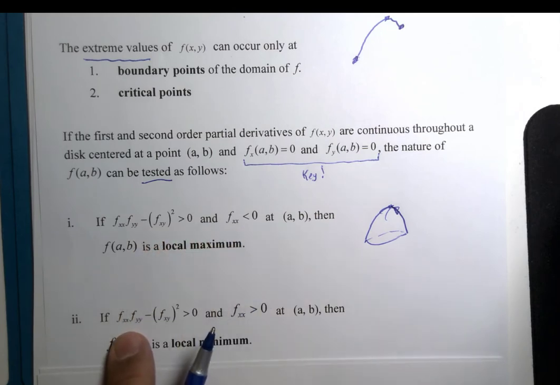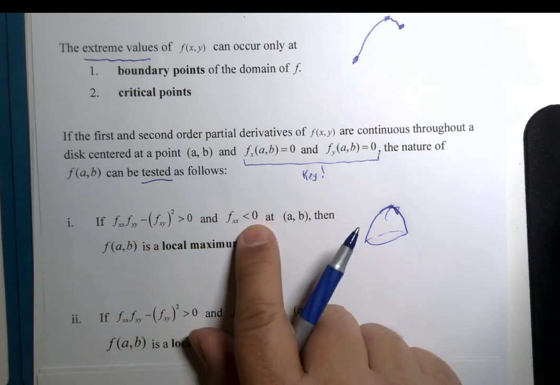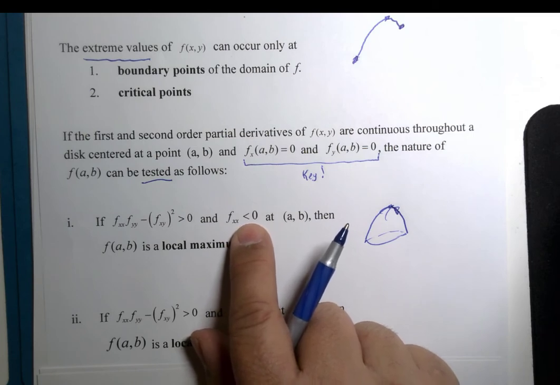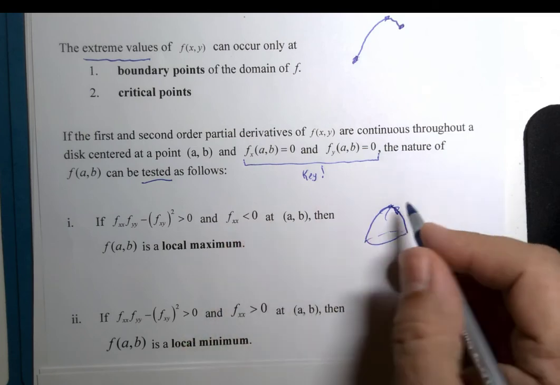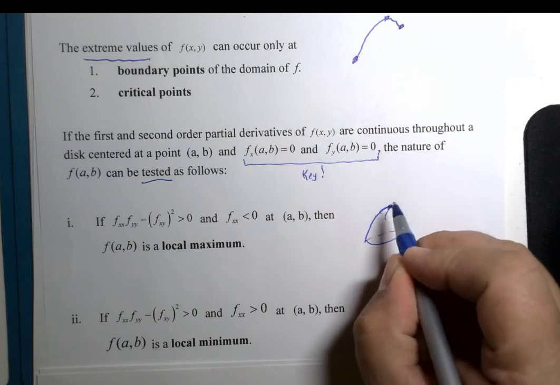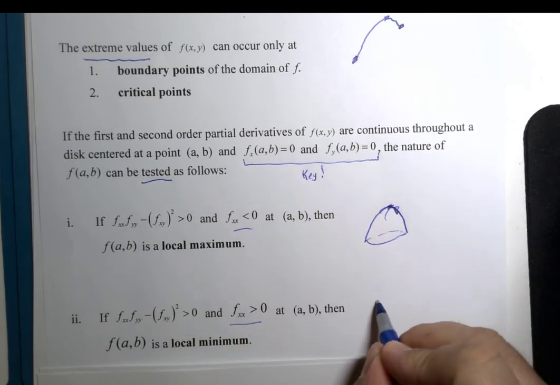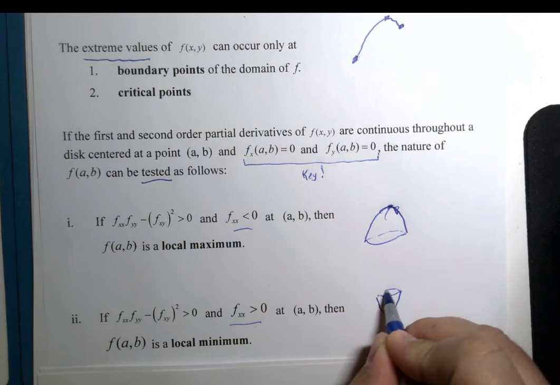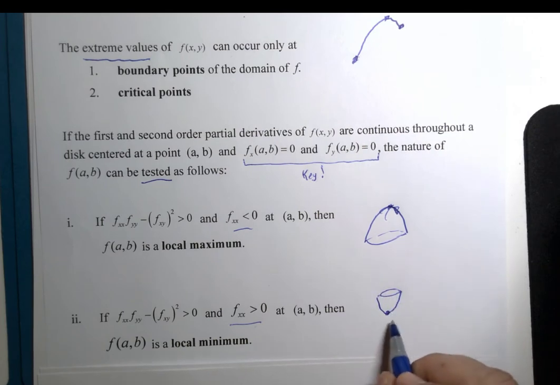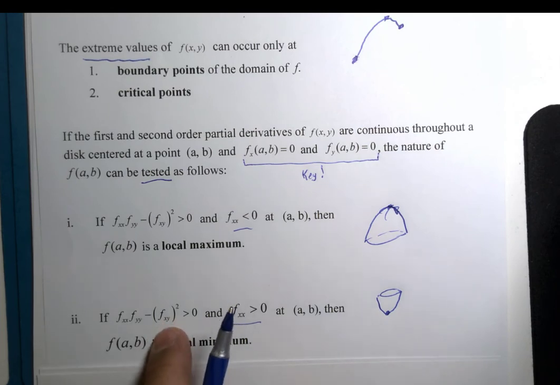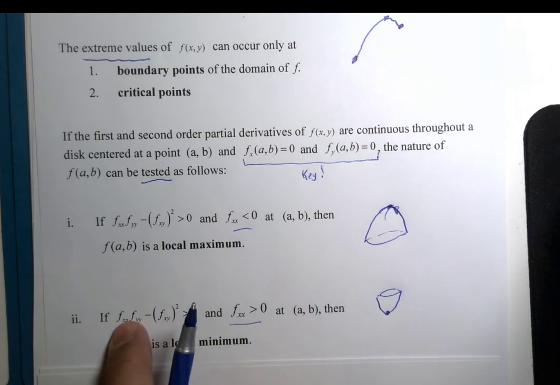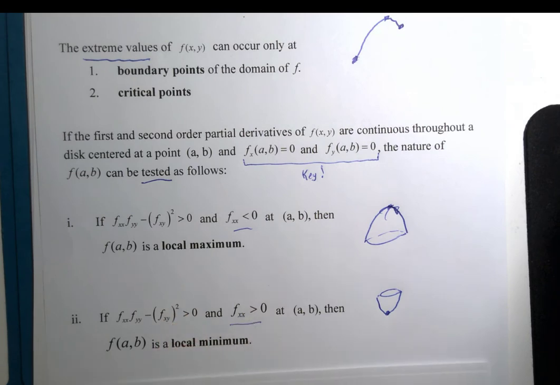This will be the same for max and min, but then if you have a second derivative that's negative, it must be concave down, which means you're at a maximum. And if the second derivative is positive, it must be concave up, so you're at a low point, a local minimum.